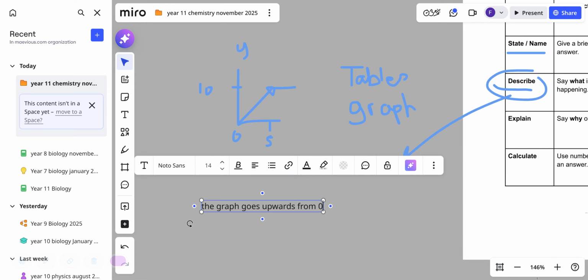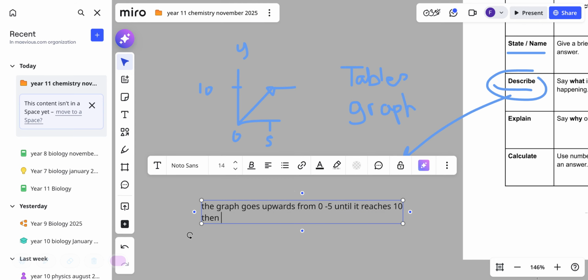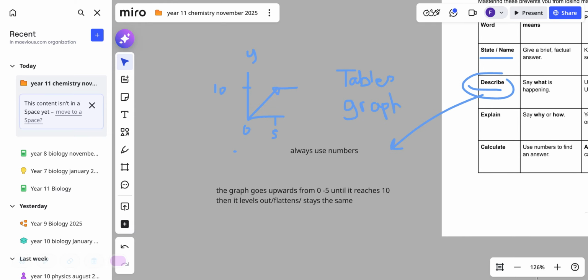From 0 to 5, from 0 to 5, until it reaches 10. Then it levels out. You don't have to use the words level out; flattens out or stays the same is fine. But I want to see numbers. So if someone wrote, it goes upwards, we're not happy.